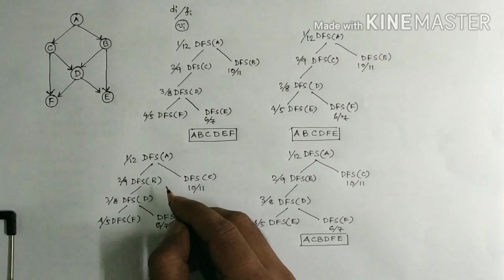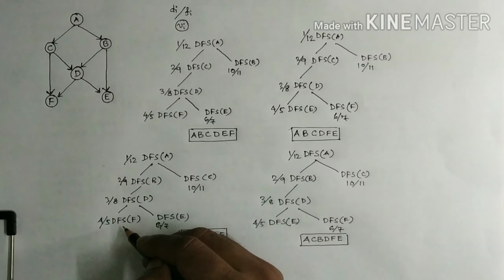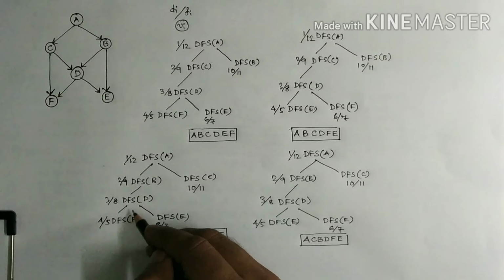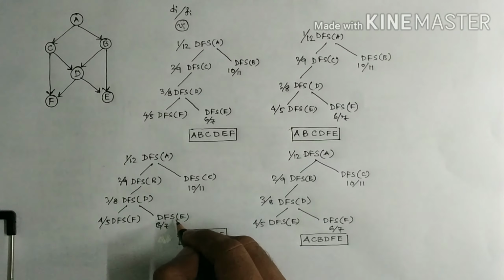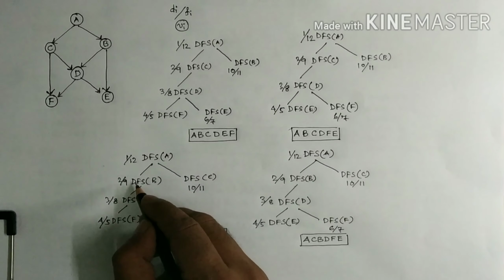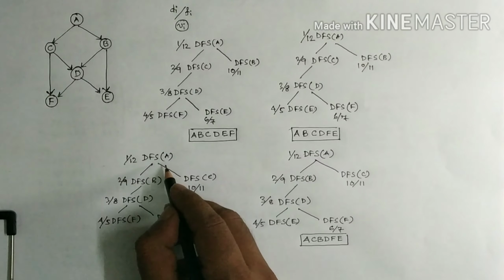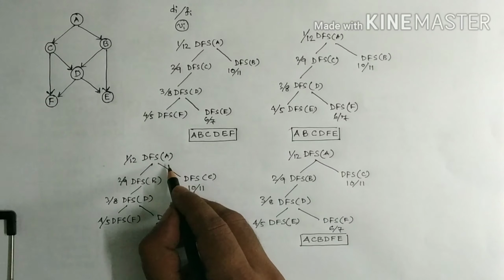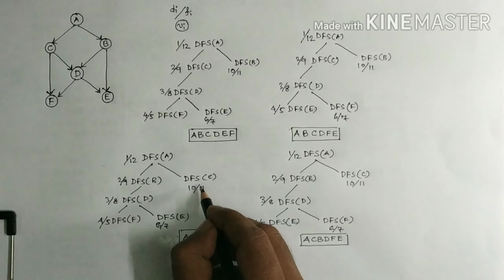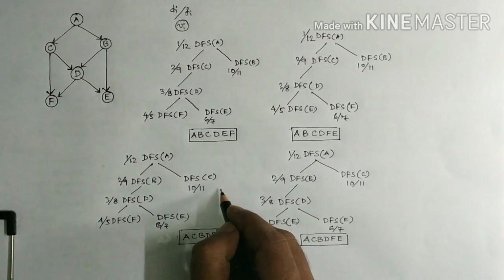In a similar way, following the path A, B, D, F, and then backtrack from F, we can go to E, then backtrack from E, go to D, then go to B, then backtrack from B, go to A, and check whether there is any unvisited adjacent of A. Yes, C. Discover C. Is any adjacent of C still unvisited?